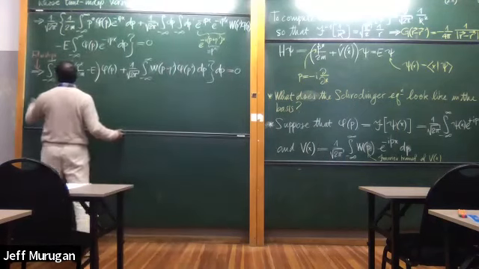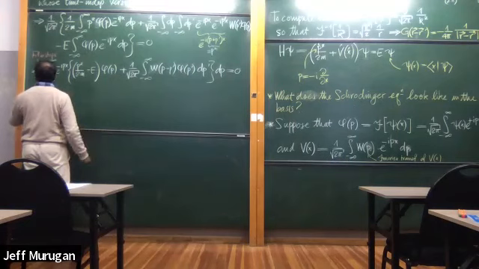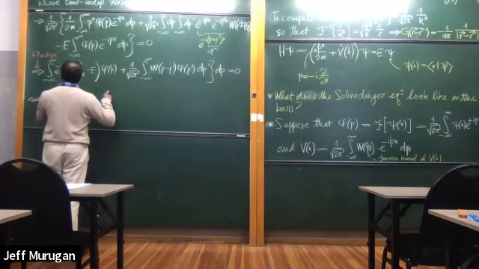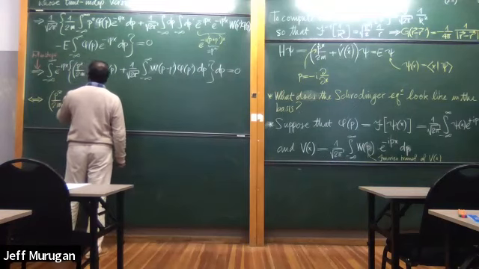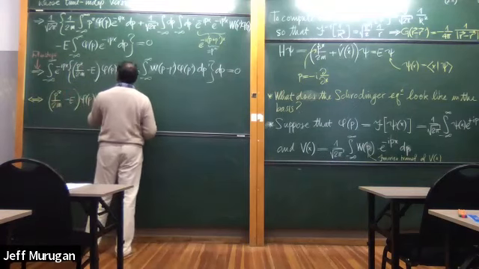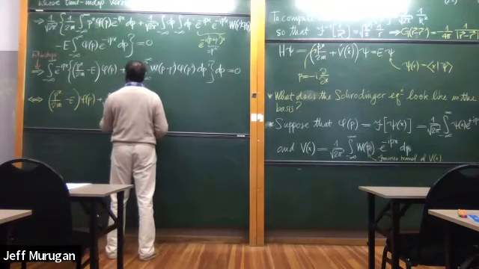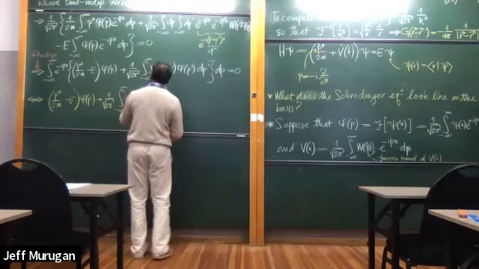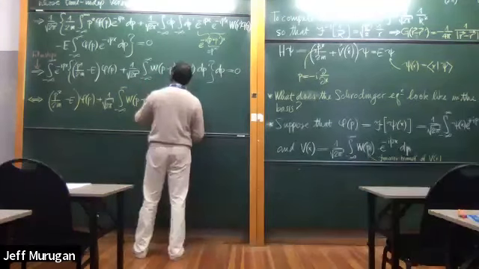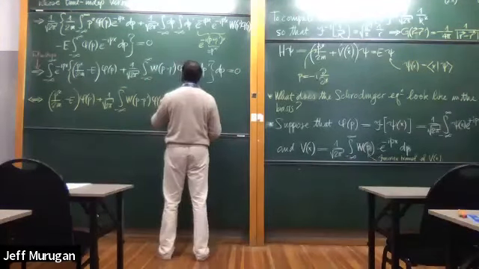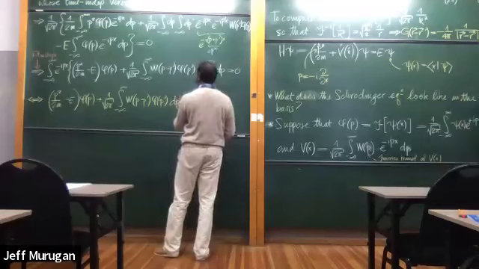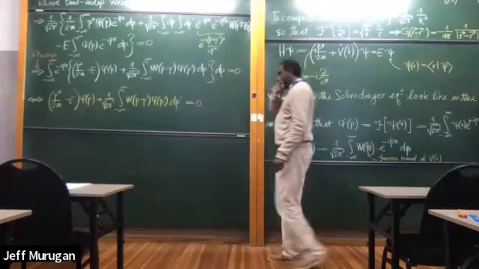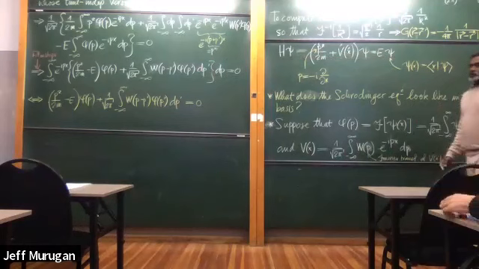In other words, p squared over 2m minus e times phi of p plus 1 over root 2 pi integral of w of p minus p prime phi of p prime dp prime equals 0.